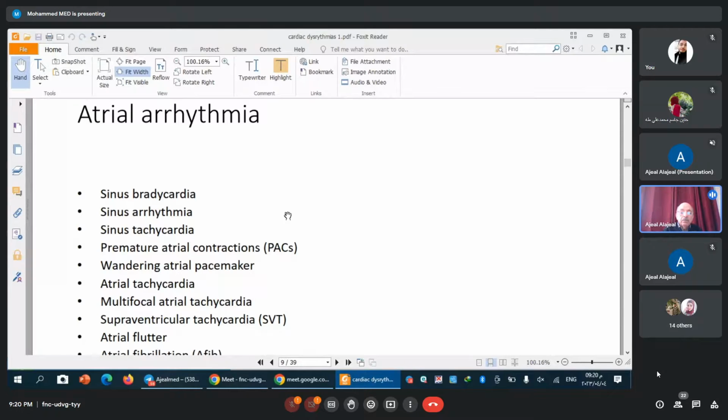But dysrhythmia means disturbance of rhythm. Anyway, a common name is atrial arrhythmia. It could be sinus bradycardia, sinus arrhythmia, sinus tachycardia. We will look at this table and go through them one by one. Next slide, please.